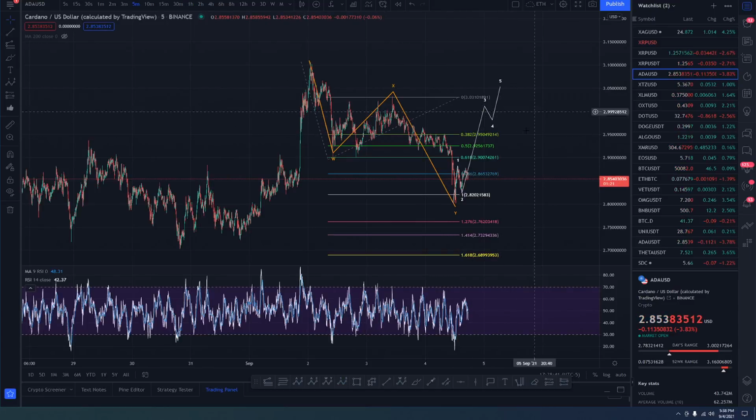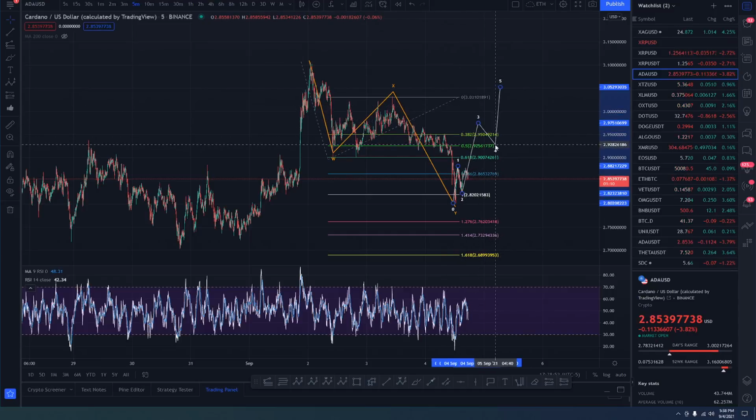Whether it makes a higher high or just goes up as a smaller impulse, as an A wave or something of some kind.